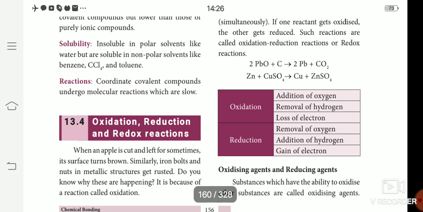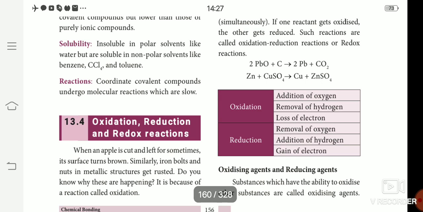Then the next reaction is zinc plus copper sulfate, CuSO4. Copper sulfate is a blue color. So in this reaction, the sulfate, SO4, is removed from the copper and added to zinc. The products are copper, which is separated, and the sulfate added to zinc to form zinc sulfate.